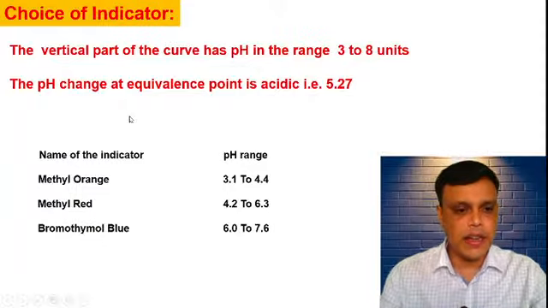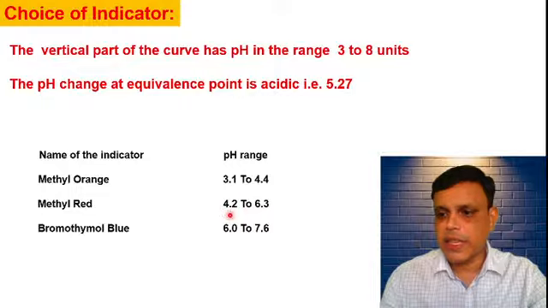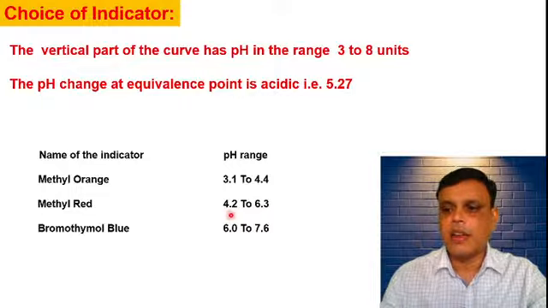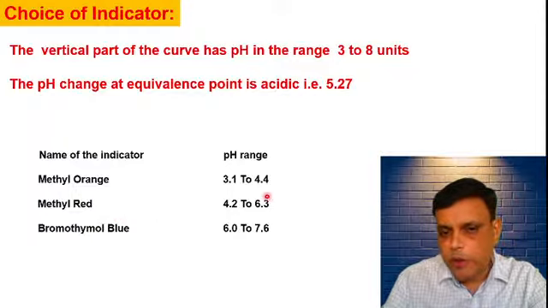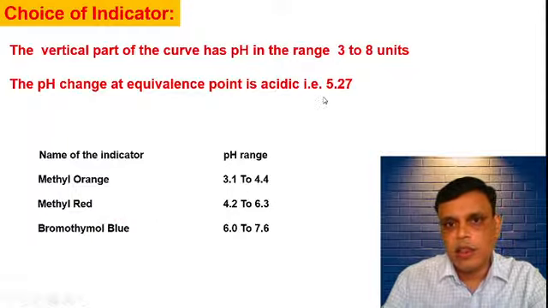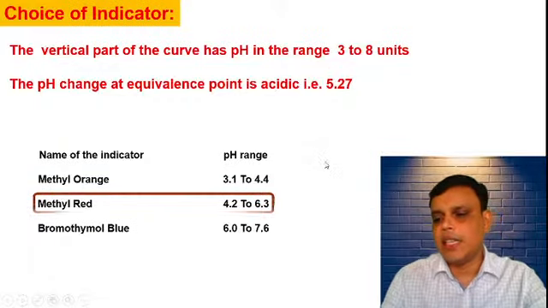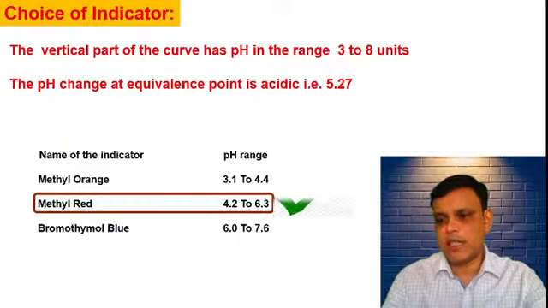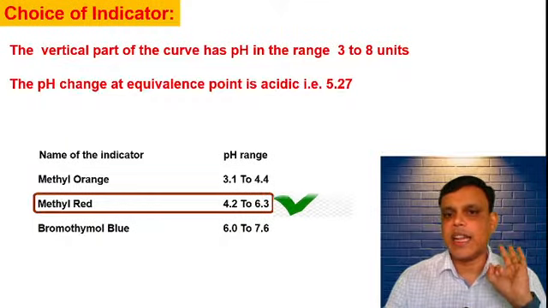Now everyone is saying methyl red. Okay. Now see here methyl red, its pH range is 4.2 to 6.3, so it covers 5.27. So methyl red is the best indicator for this titration, that is ammonium hydroxide and HCl titration.